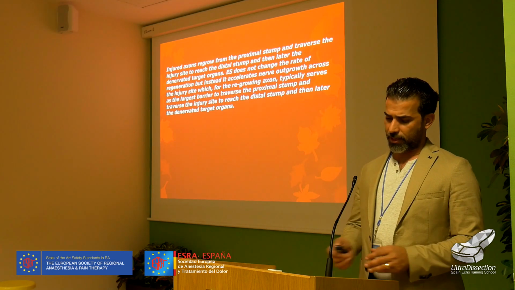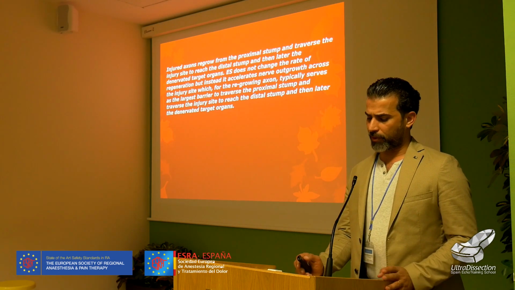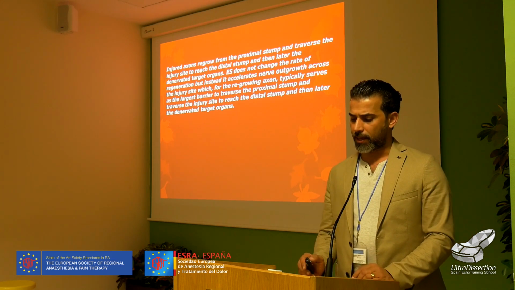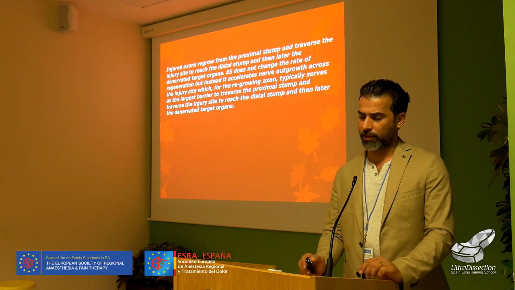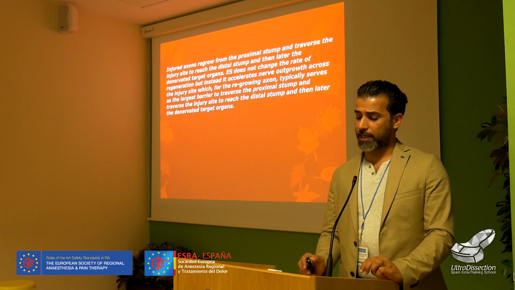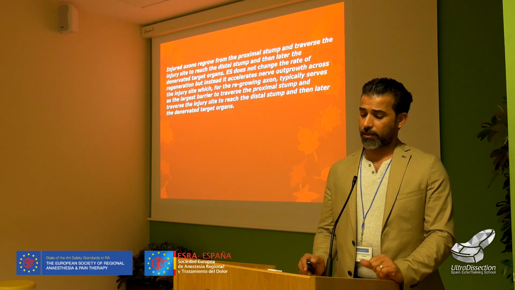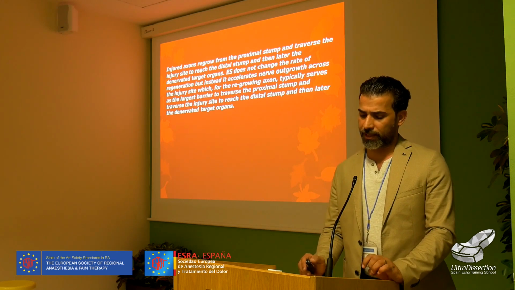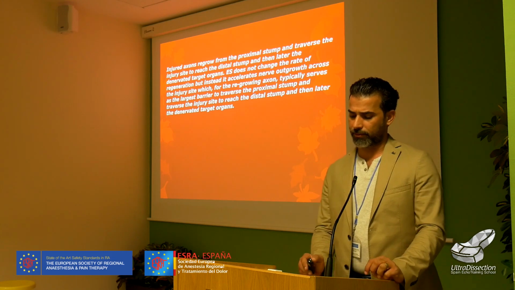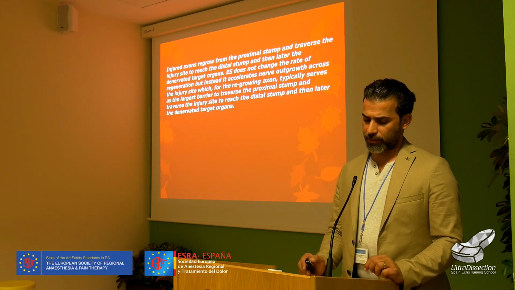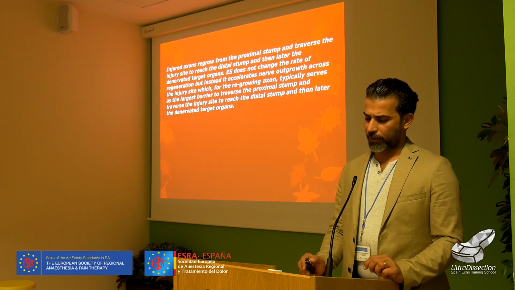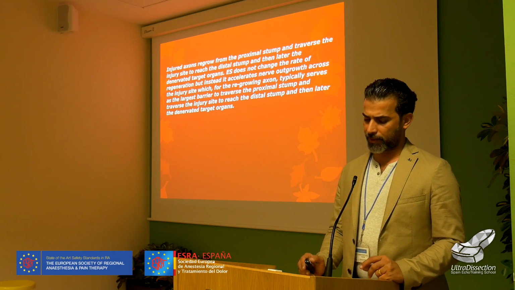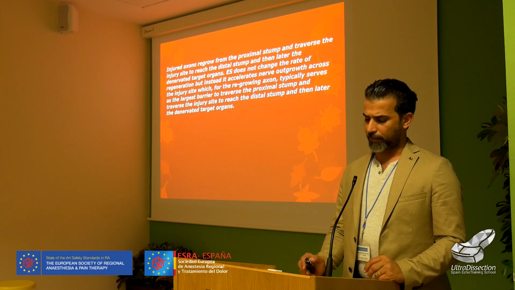So injured axons regrow from the proximal stump and traverse the injury site to reach the distal stump, and then later the denervated target organ. Electrical stimulation does not change, this is important, does not change the rate of regeneration, but instead it accelerates nerve outgrowth across the injury site, which for the regrowing axons typically serves as the largest barrier.